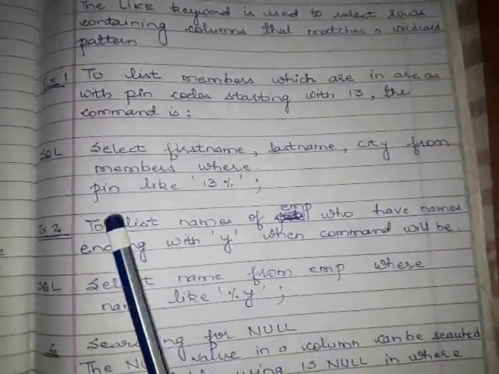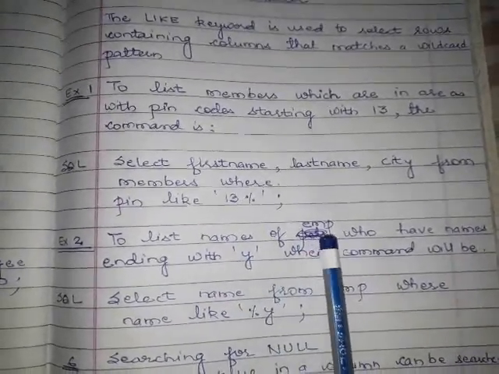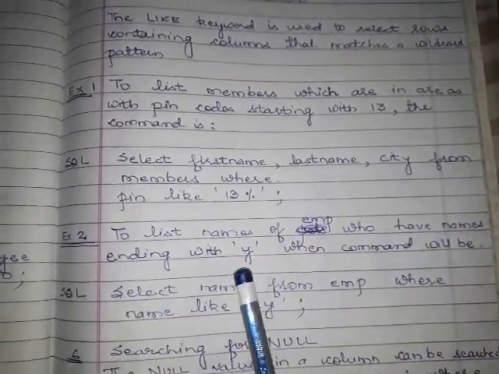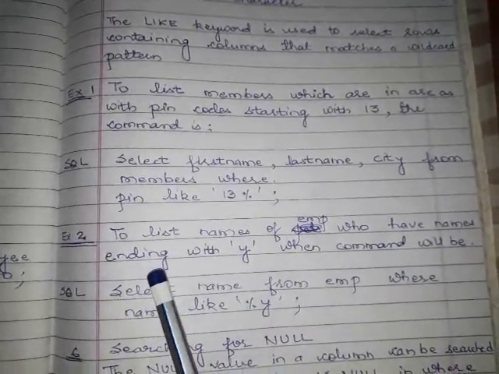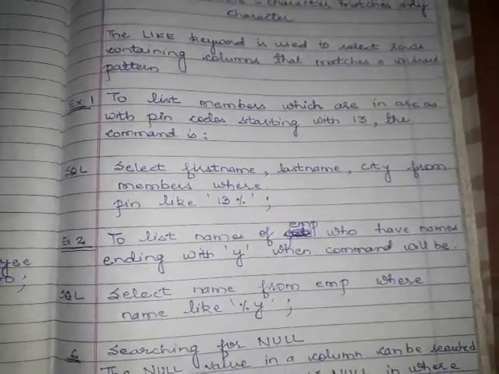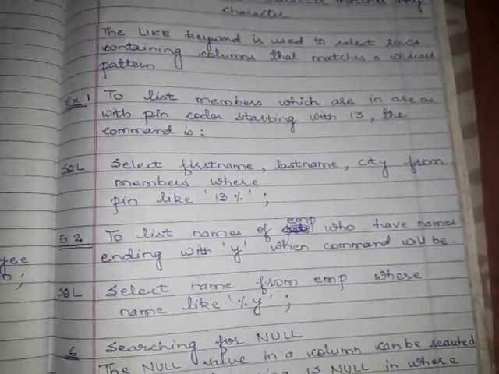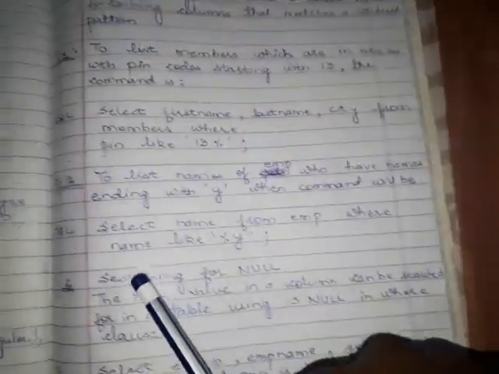Now the second example: list the names of employees who have names ending with Y. If you want to display the names of the employees whose name's last letter is Y, what will be the query?